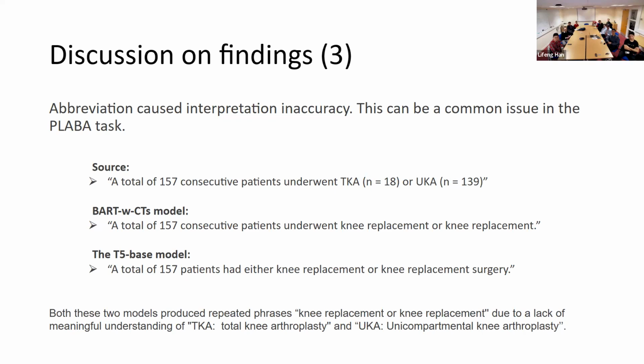Because the model cannot understand this abbreviation, it causes this hallucinated output from the trained model. One second. If you ask the model to expand acronyms before you simplify, can it do it?